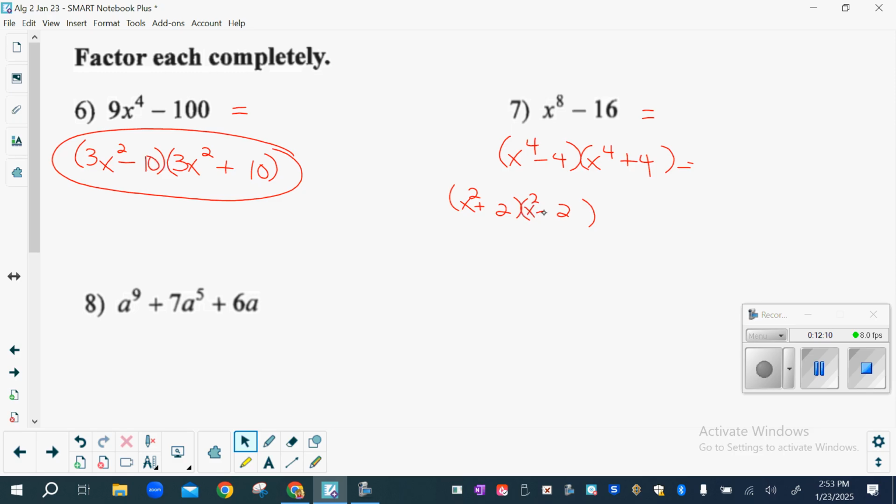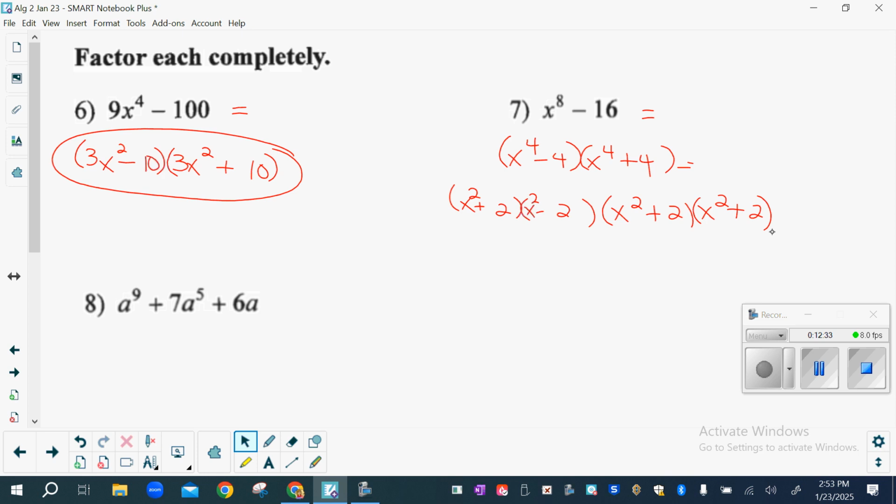So what if I tried to factor the plus 4 and said, what might it factor to? X squared plus 2, x squared plus 2. Okay, if I do my middle term, I get negative 2x squared and positive 2x squared. They cancel. So I don't have a middle term, and then I get the negative 4. So it works here.